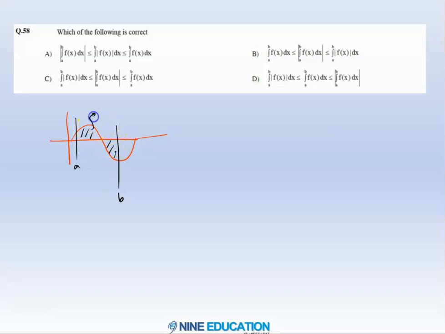So let's suppose this was 5 and this was minus 7, so the net answer of the integral from A to B of f(x) will be minus 2 only, because this gives the algebraic sum only.